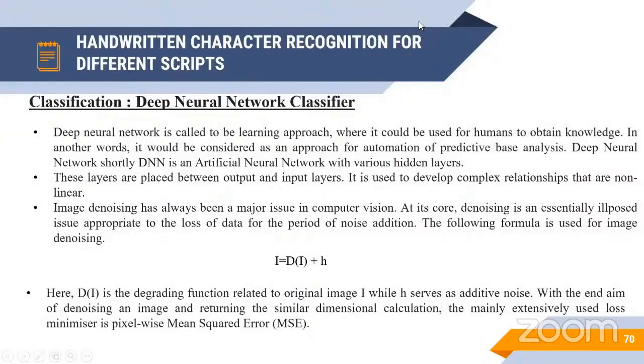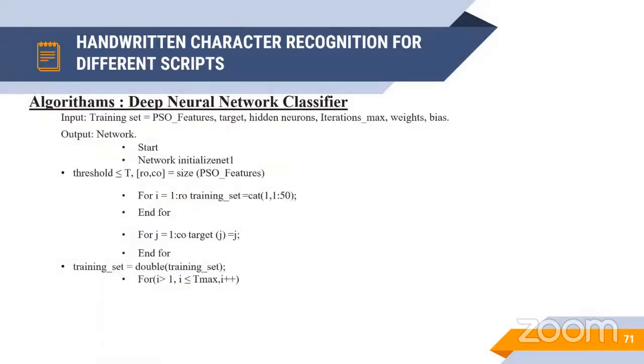The deep neural network, shortly known as DNN, is an artificial neural network with various hidden layers. There are three kinds of layers: input layer, process layer, and output layer. The hidden layers are placed between the input and output layers and are used to develop complex non-linear relations. The difference function related to the original image is called the mean squared error.